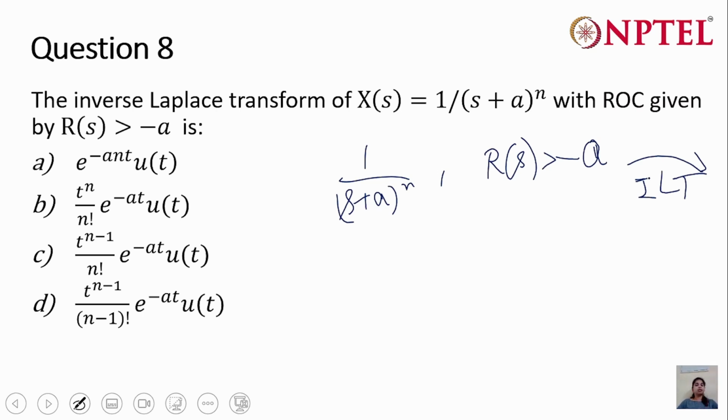We've seen the similar property in Fourier transform as well. Option B. Okay. D option is correct.